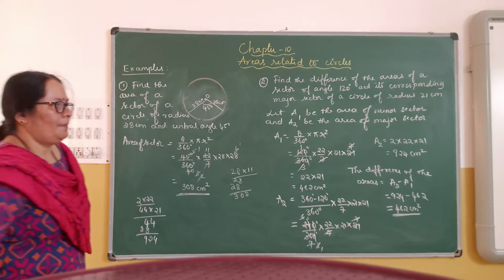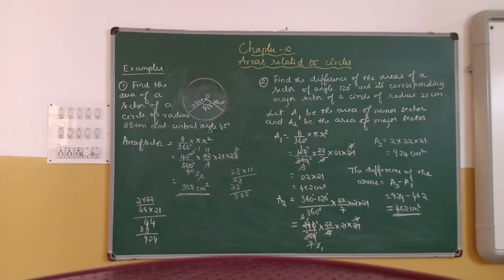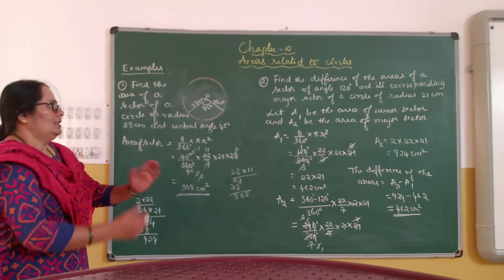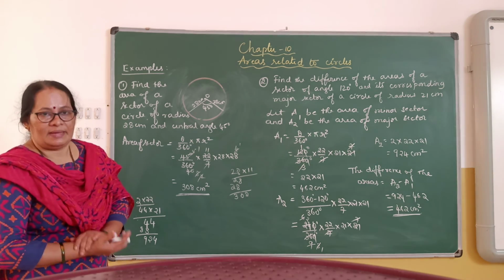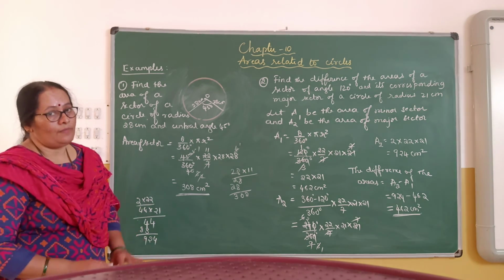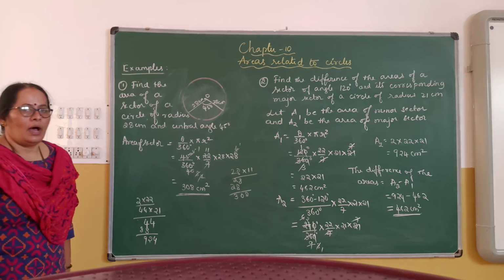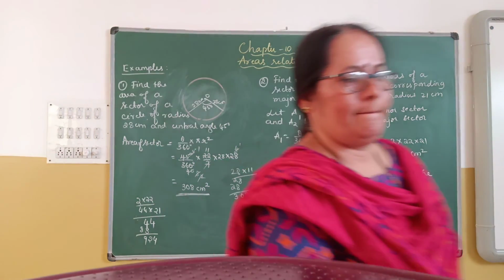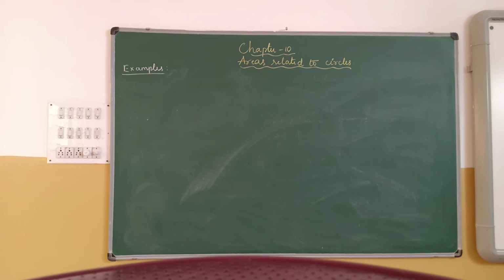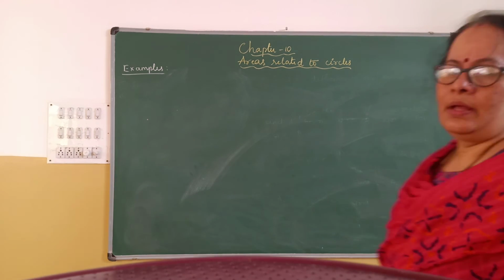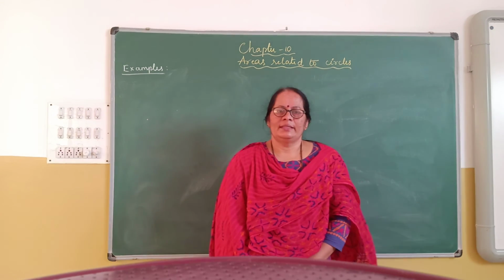So the difference between the major area and minor area is 462 centimeters square. That means the major sector is double the minor sector. I hope you understood this. Thank you, students.